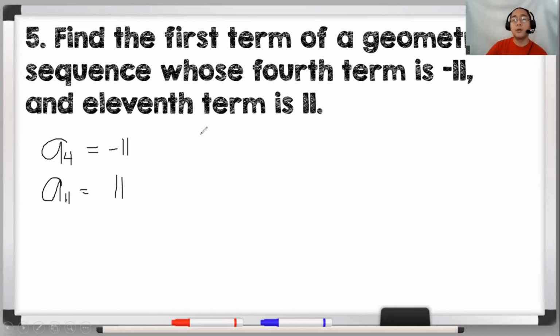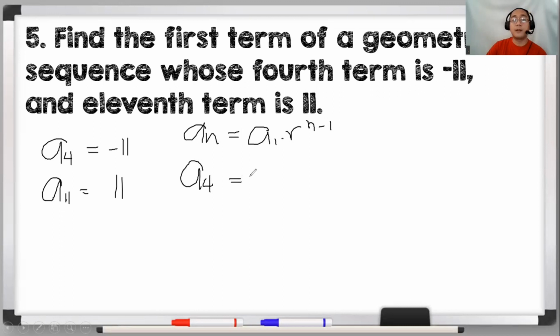In this situation, because we don't have the common ratio, all we need to do is use the formula of the geometric sequence, which is a sub n equals a sub 1 times r raised to the power of n minus 1, and create two equations. First we use the smallest term, which is a sub 4.